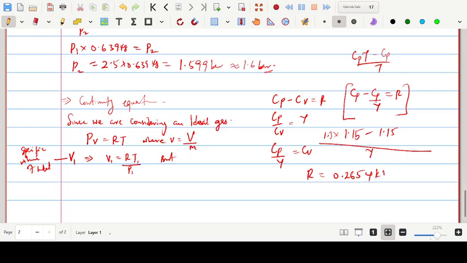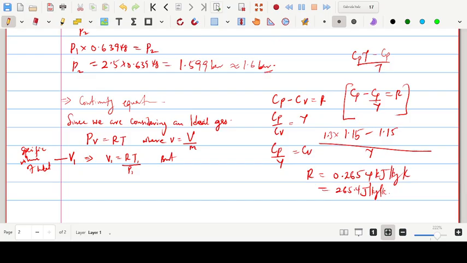This one is kilojoules per kilogram per Kelvin. I can convert it to joules by multiplying by 1000. That's 265.4 joules per kilogram per Kelvin. So that's going to be our R.